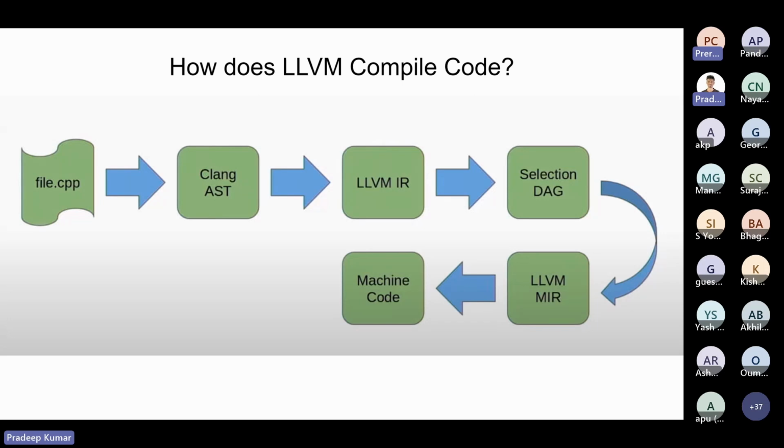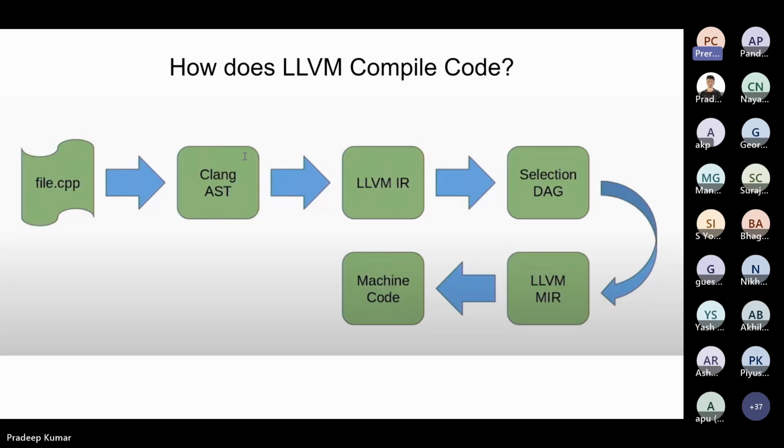Thanks, Ashutosh. I also wanted to add one point. Whatever Pradeep and Ashutosh are explaining, you will see there are so many representations of your input program: Clang AST, LLVM IR, selection DAG, and more. Sometime back we saw that the compiler can be divided into multiple phases. When we divide a compiler into the front end, middle end, and back end, we facilitate better code generation and better scope for optimizations.